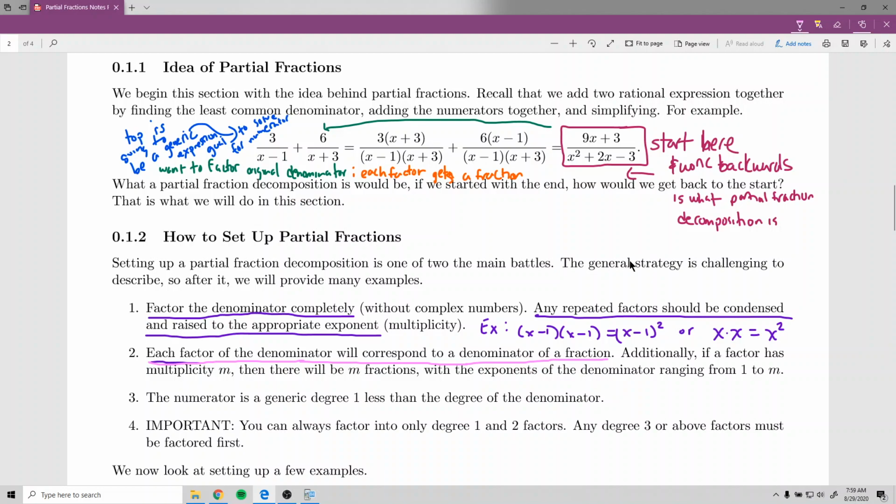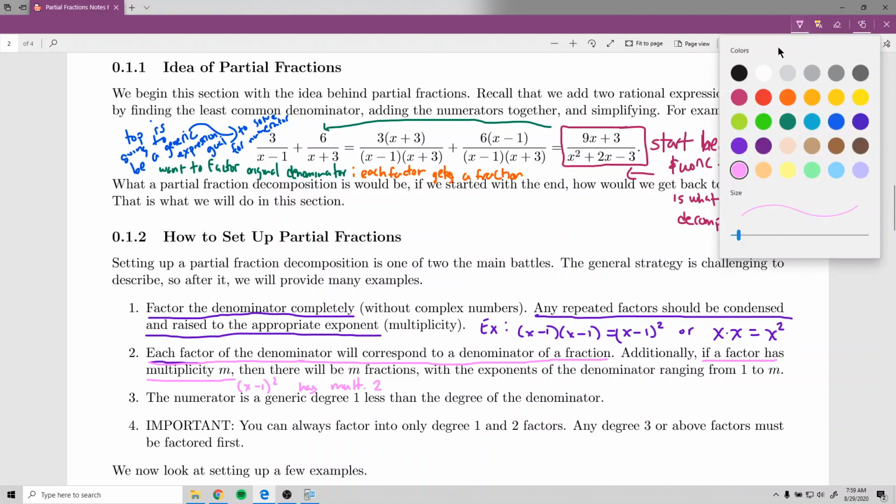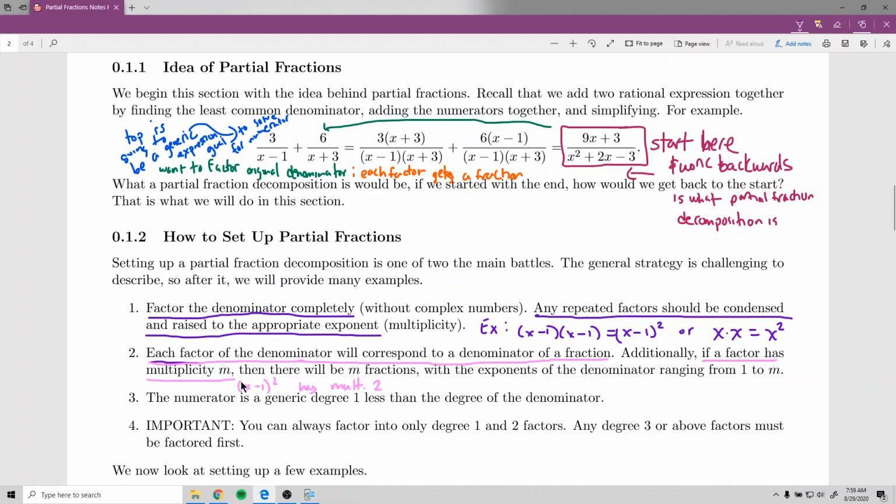Now, one example is, what if we do have this squared? What if we factored this and we had x plus 3, but then the x minus 1 was squared? If a factor has a multiplicity of m, so x minus 1 squared has multiplicity 2, then there will be m fractions.